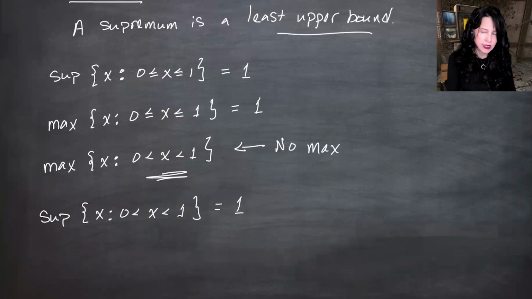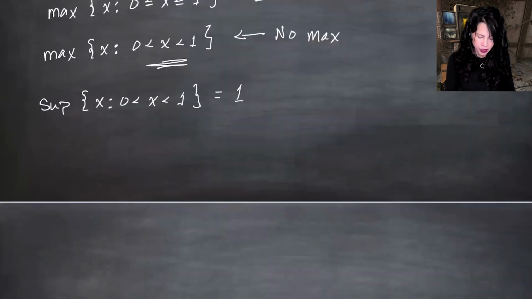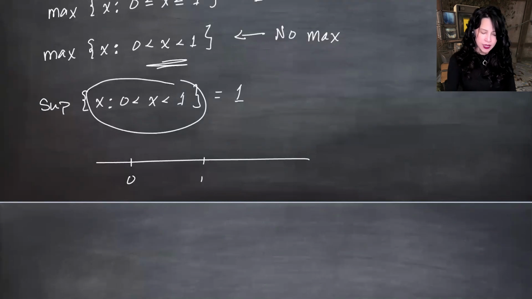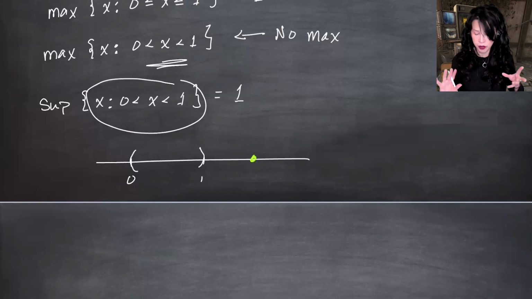So let's talk about this least upper bound terminology. If you imagine a number line, 0 and 1, and maybe we're looking at this set of numbers, the supremum is an upper bound to this interval. So this is an open interval. Here at 1.7 or 3.9, I don't know, my scale's not so right here, is an upper bound for everything in that open interval.